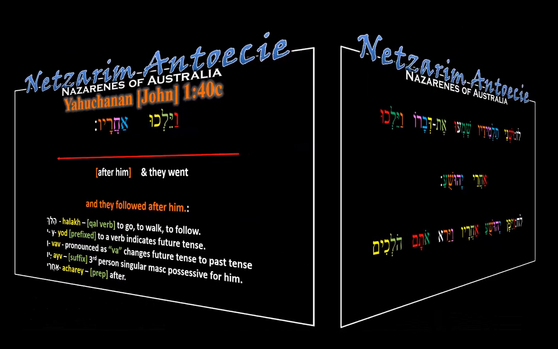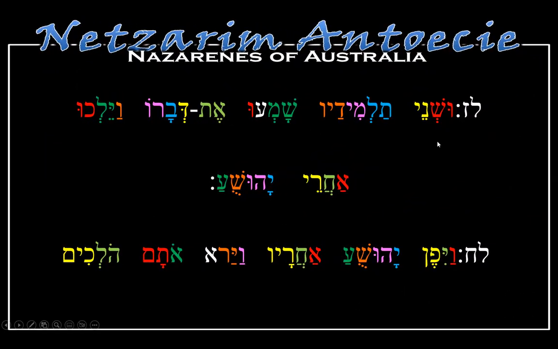So now we come to just seeing how we went with our lesson. And we have a Lamed, 30, Zion 7. So we're in 37. Ushne, and the two of Talmidav, his disciples, shamu, they heard, et grammar marker, devaro, his word, vayilku, and you could say, and they went, or and they followed.